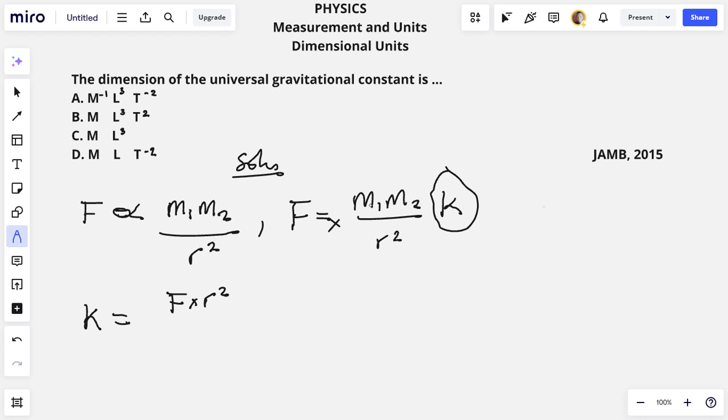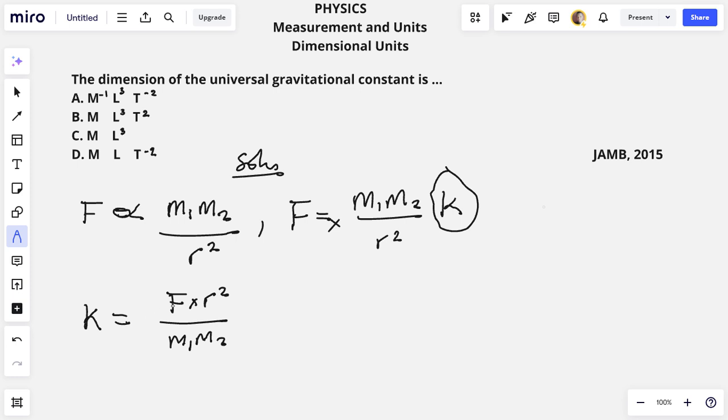Then since m1 m2 is on the numerator, if you divide both sides by m1 m2, k will be that divided by m1 m2. So now we've successfully made the gravitational constant the subject of the formula.